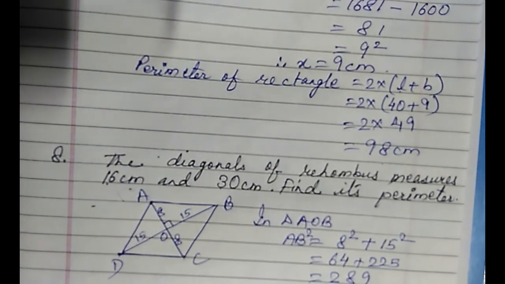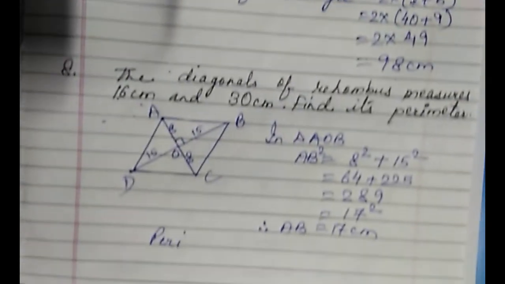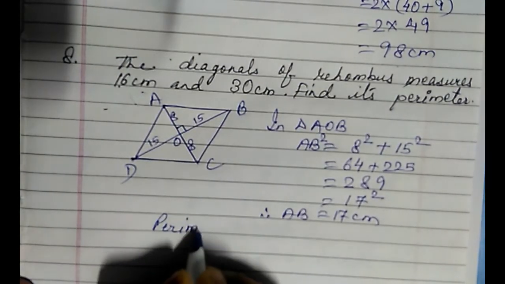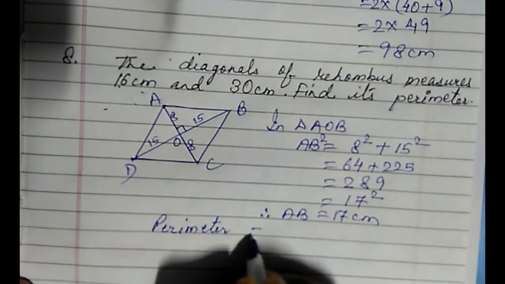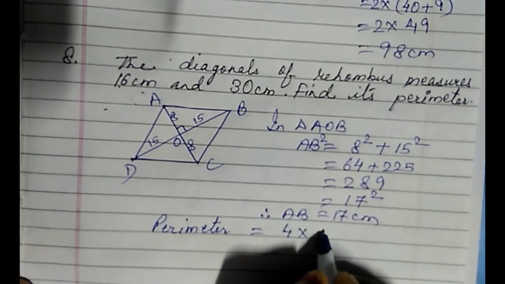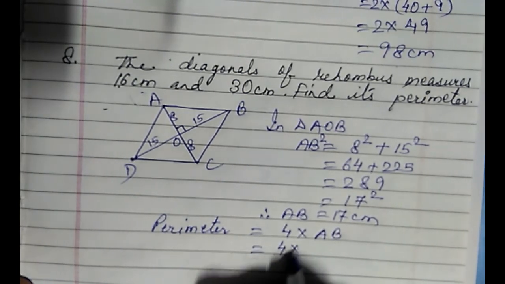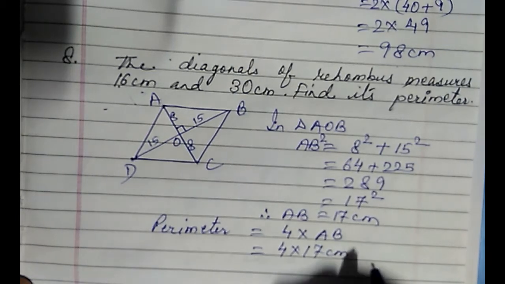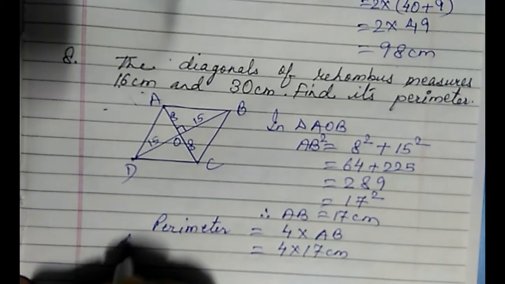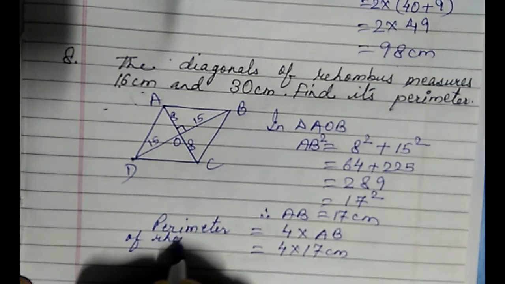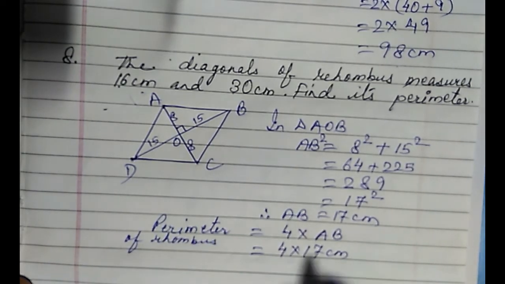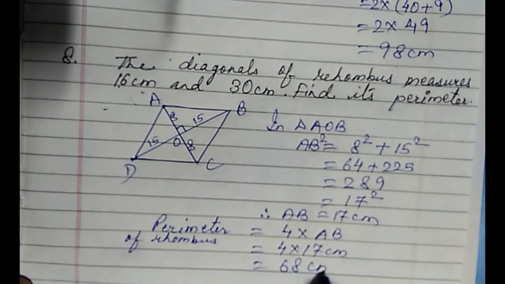So perimeter will be 4 multiply one side, that is AB. कोई भी एक side. All the four sides are equal. So 4 multiplied by 17 centimeter will be the perimeter of a rhombus. So this is equal to 68 centimeter.